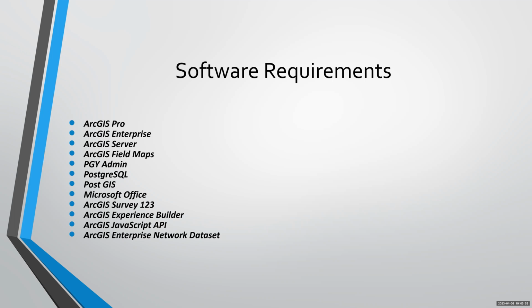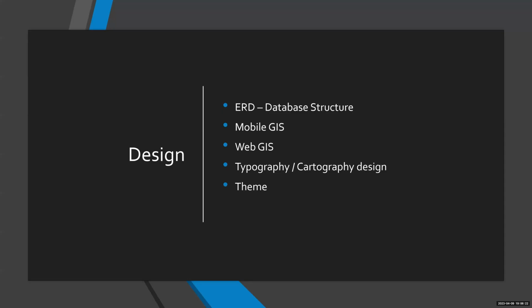And then obviously ArcGIS Survey123 for the feedback and evaluation piece of the implementation process. And then some Experience Builder to build the dashboard with some JavaScript. And then the enterprise network dataset will be needed for the service routing of the streets layers to get the technicians routed to each call. So that's the software needed to implement this program.